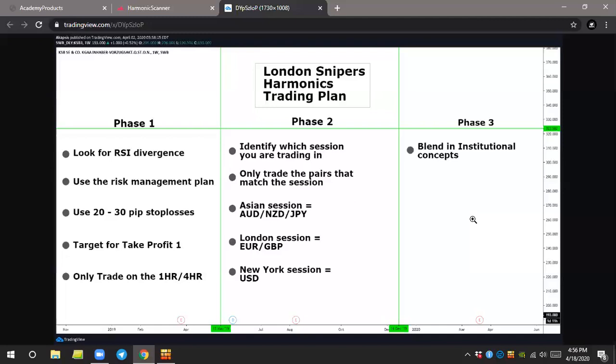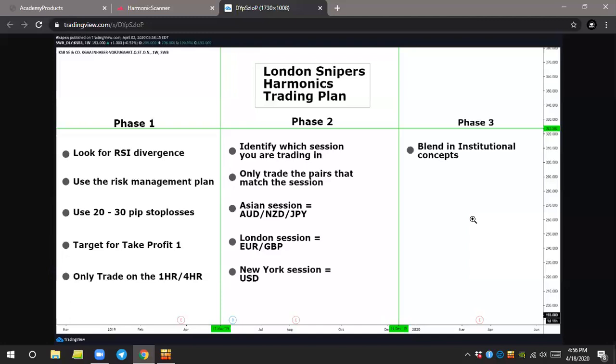There are kill zones in these sessions to enter a trade. For London session, our kill zone is 2 to 4 a.m. For New York session, our kill zone is 7 to 10 a.m. For Asian session, our kill zone is between 7 till 10 p.m., if I'm not mistaken.